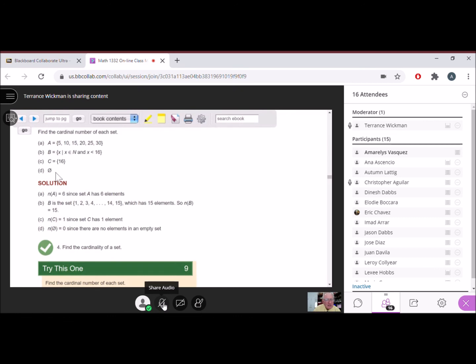D, the tricky one. So let's look at C. C has 1 element in it. They don't even write cardinality anymore. They write C has 1 element. Now D is known as the empty set. Notice it's not in those brackets, it's by itself. So there are no elements in it. It has a cardinality of 0.